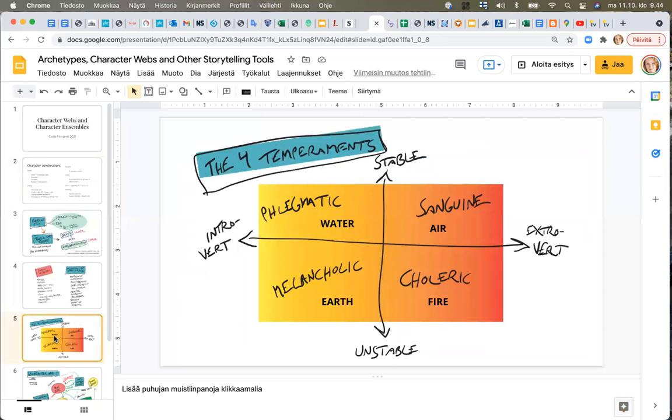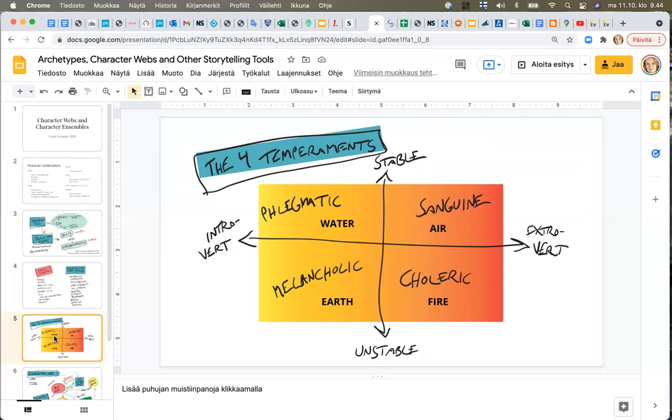characters. If you have a combination of four, there's this really old four temperaments psychology, which used to be also some sort of ancient way of thinking about nature, how it works, which doesn't, but it made Western science lag behind for 1,000 years or more, because people believed in this.